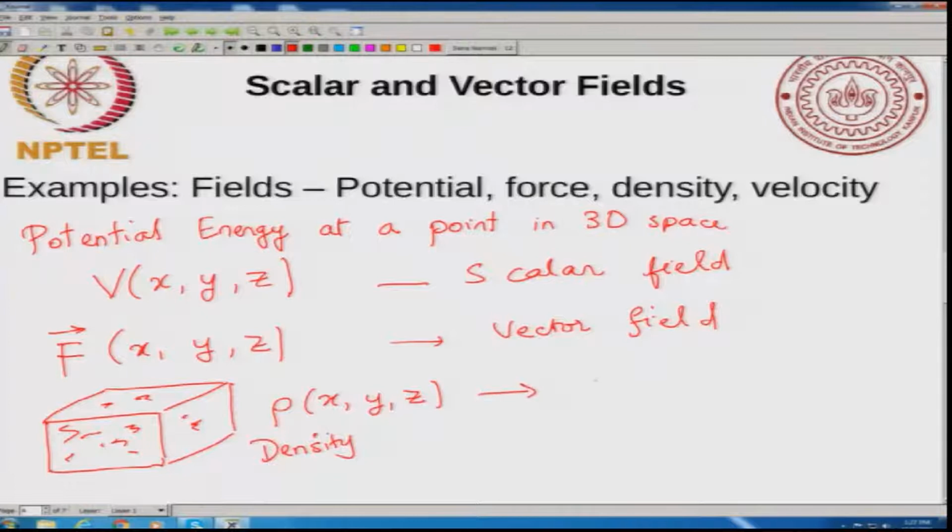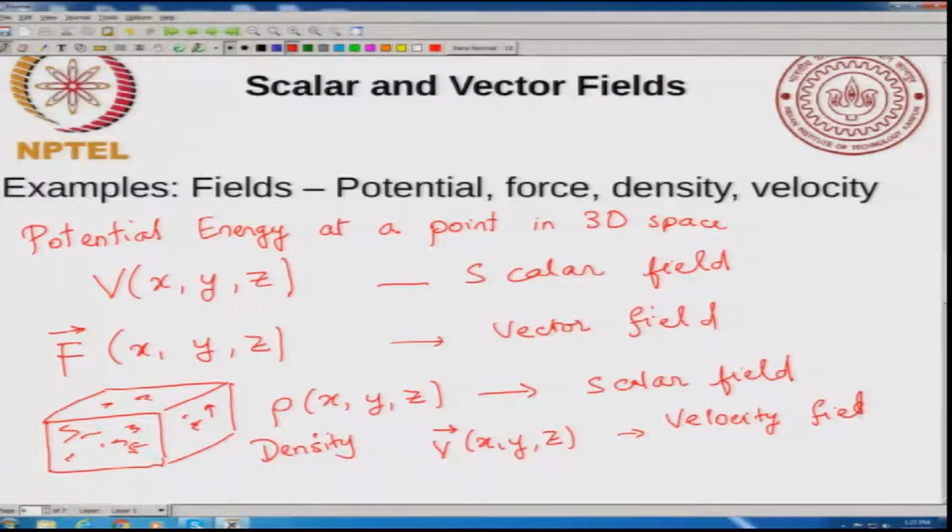So, this is an example of a scalar field. Okay. Now if you have a fluid, then the particles at each point might move with different speeds. So, the velocity is a velocity field. This is very commonly encountered in fluids, and this is an example of a vector field.